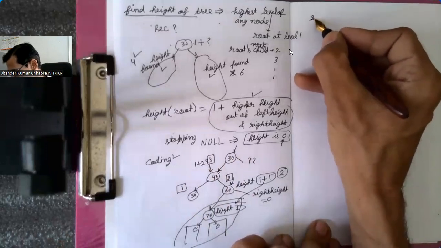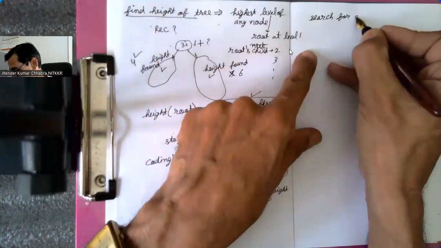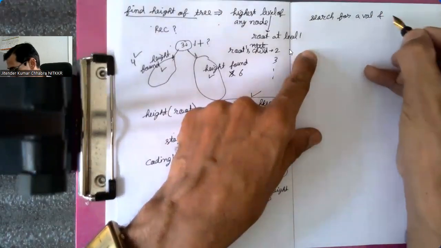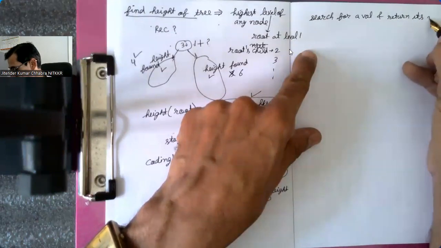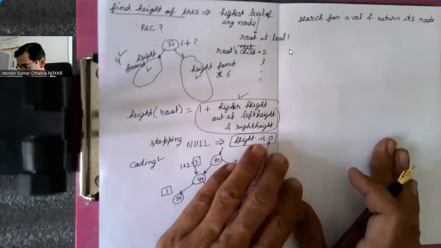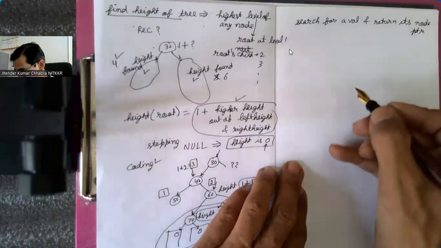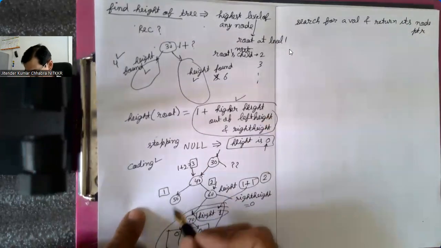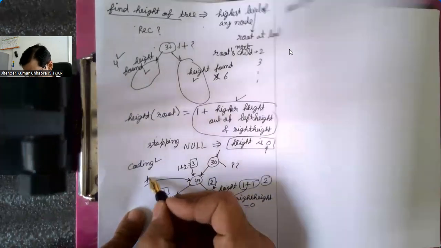Let's say another operation: search for a value and return its node pointer. So I want to search for a val and return its node pointer. That means if, out of the tree, I am trying to search for 40, then this pointer should be returned.